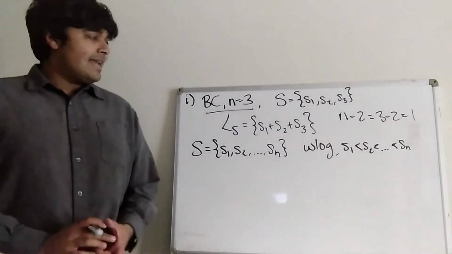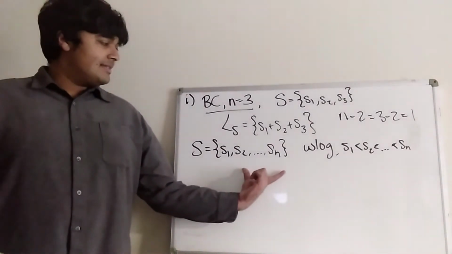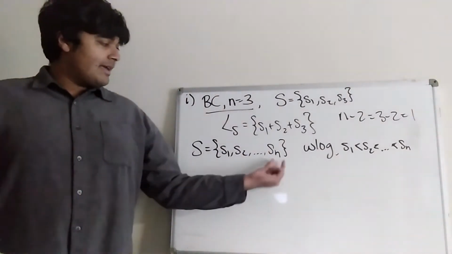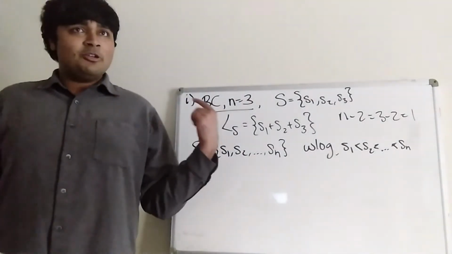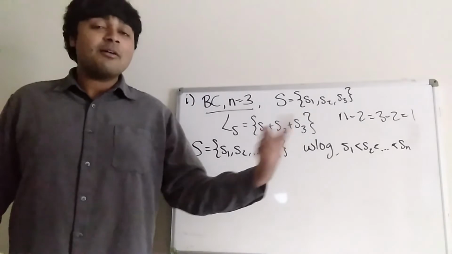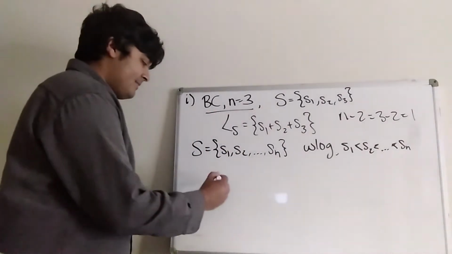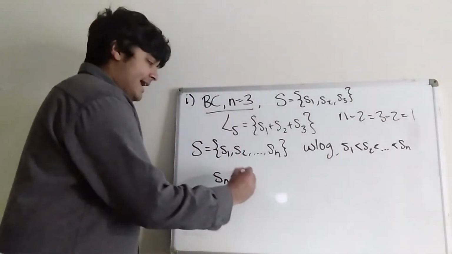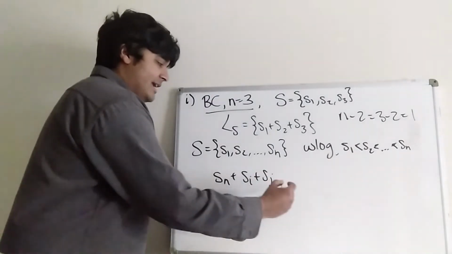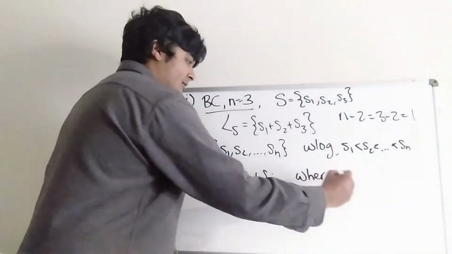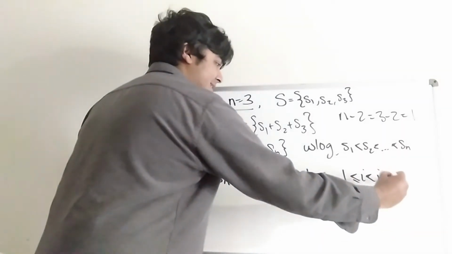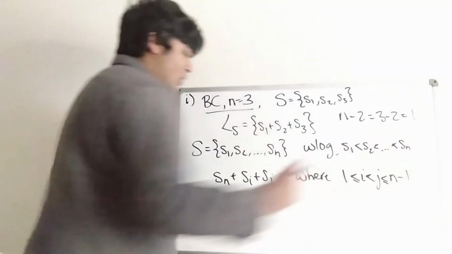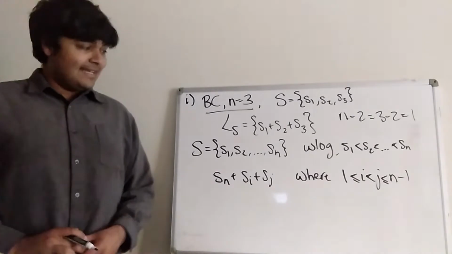Now, essentially what we want to do is notice that if we take Sn as being one of the 3 terms that we're going to add up, so we've got Sn plus, say, Si plus Sj, where 1 is less than or equal to i, is less than j, is less than or equal to n minus 1, because these guys all have to be distinct.